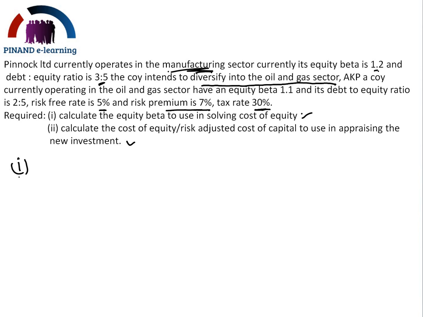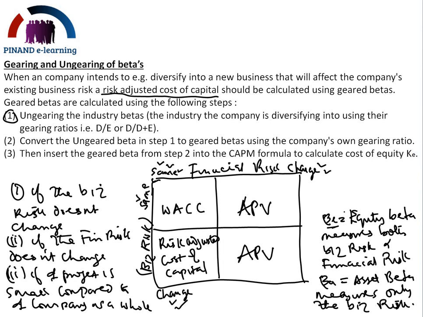The asset beta, as we said before, measures only the business risk. So we need to ungear the asset beta from the oil and gas sector using their capital structure, and insert that asset beta measuring that business risk into our existing capital structure. Then we will have a new equity beta, which we use in calculating CAPM.